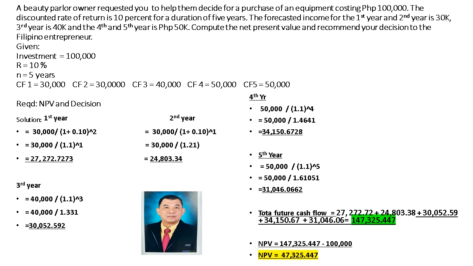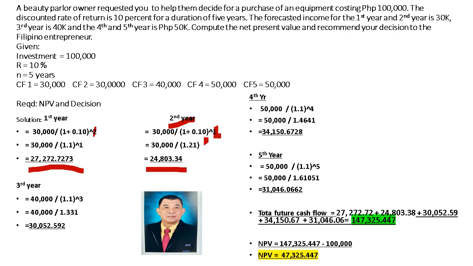And the formula is 30,000 divided by 1 plus the discount rate raised to the first power. That is 1.1. It gives you 27,272.72.